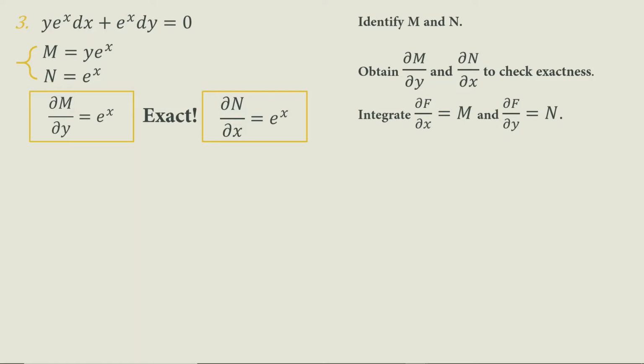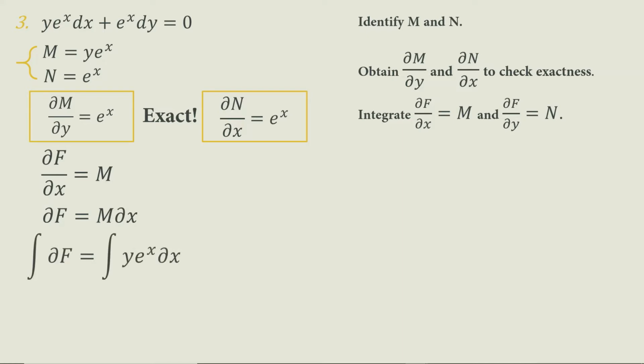And then integrate the partial derivative of f with respect to x, which is equal to m, and partial derivative of f with respect to y equal to n. First, partial derivative of f with respect to x, which is equal to m, cross multiplying. Then integrate and substituting for the value of m, which is y times e raised to x.